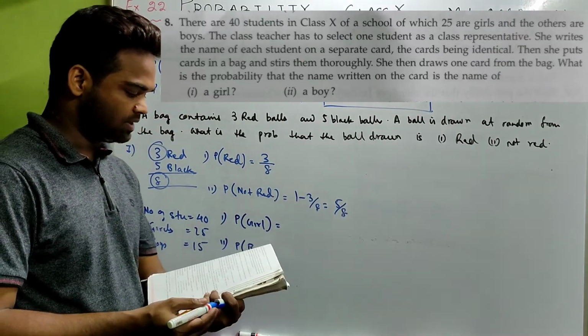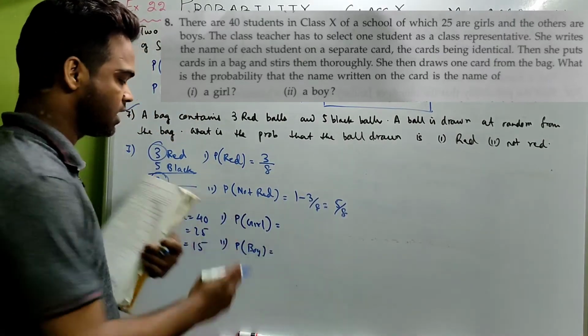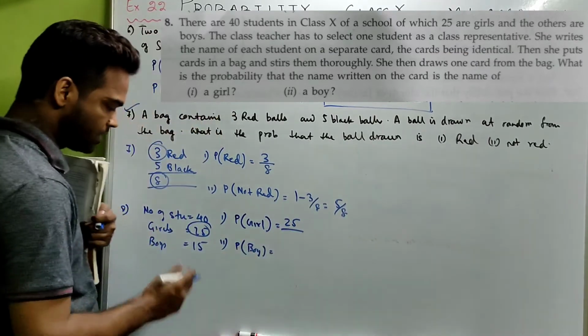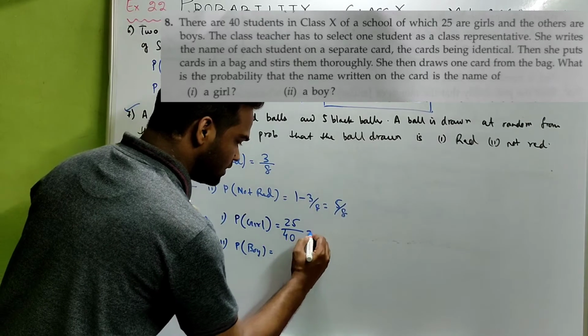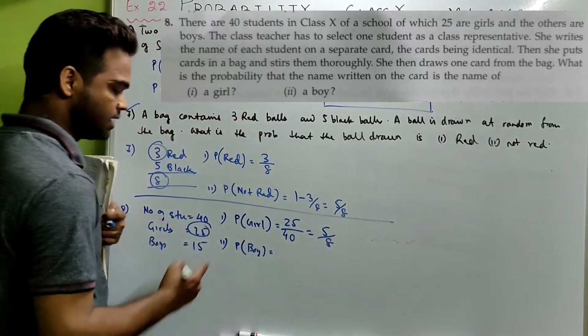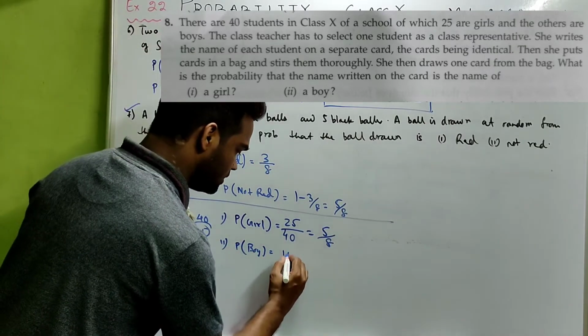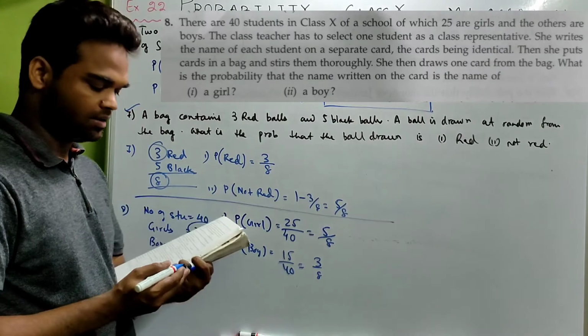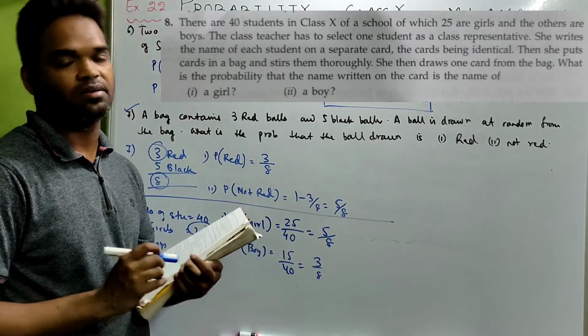What is the probability that the name written on the card is the name of a girl? There are 25 girls, favorable outcomes, and total outcomes is 40, which is 5 by 8. Am I clear? Boy, 15 out of 40, that's 3 by 8. Done.